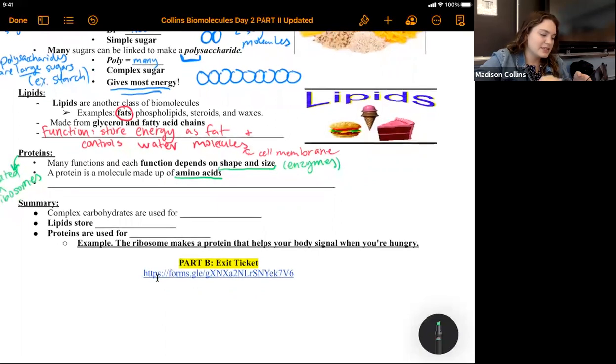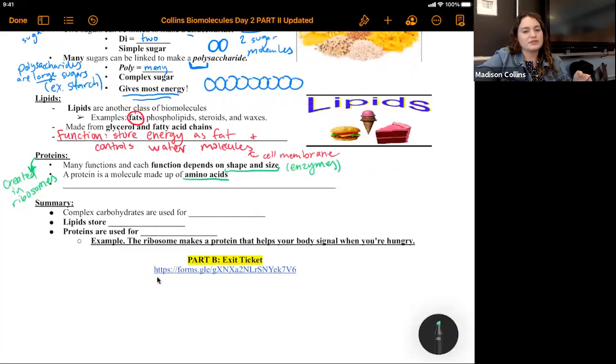And finally, the last thing you need to write down for proteins is a long sentence, so I'm sorry in advance. But proteins, I actually had to write this down because there are so many of them. So they're used for several things.